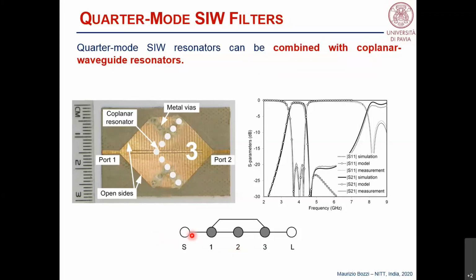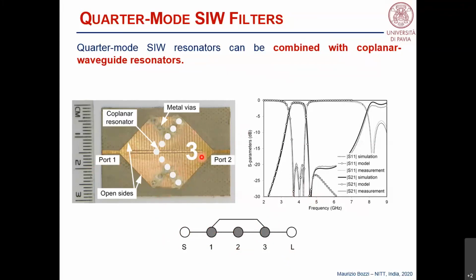We have the input port connected to cavity 1, that is the first quarter mode, that is connected to the coplanar resonator and then to the second quarter mode, or directly from the first to the second quarter mode. With this topology, we get a filter with 3 poles and 1 transmission zero. And you see that the size, also in this case, is extremely compact.